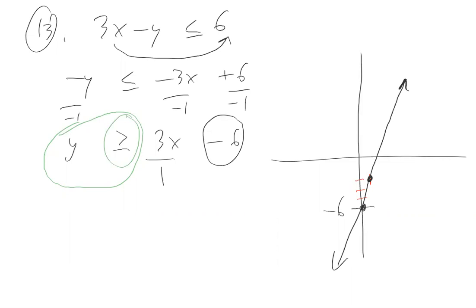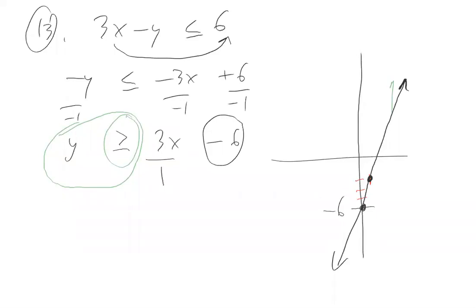If you're talking about y, greater than would be up. But if it were x, then greater than would be towards the right. But in this case, it's talking about y. So y is greater than, that means you're going to go up above that line. So we're going to be shading above, which is upwards, right?